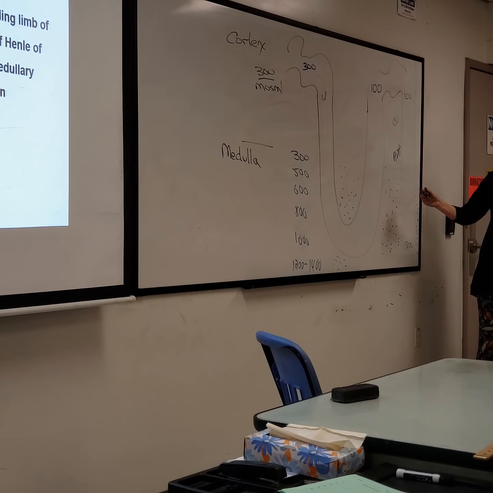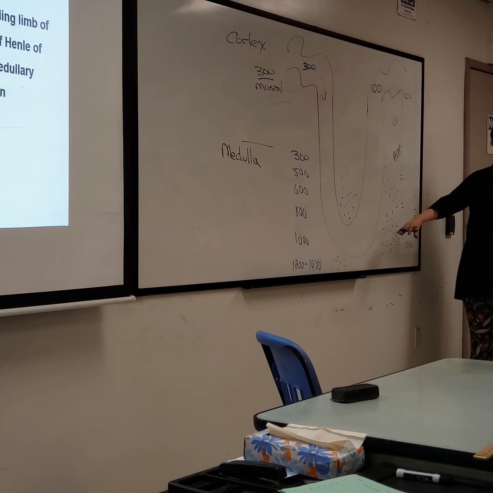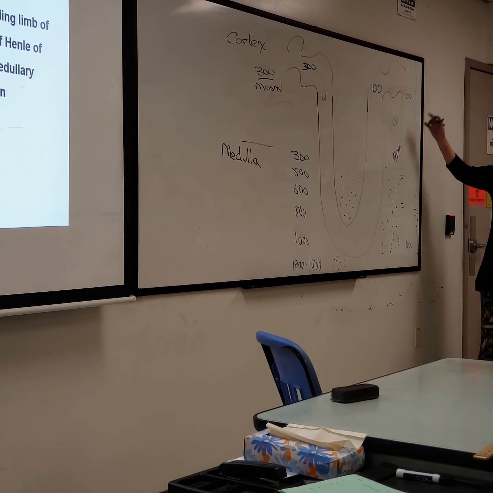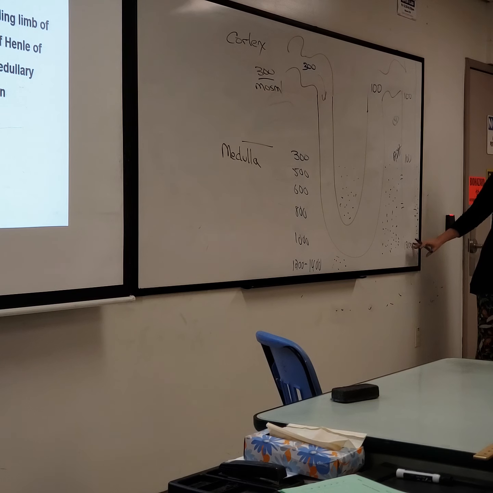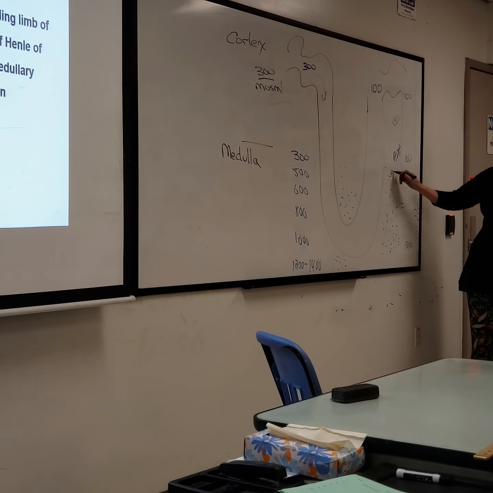Antidiuretic hormone causes water channels to be inserted into the simple columnar cells of the collecting duct in the medulla. So as it moves down here, and it's 100, and there's no water channels, it's going to stay 100 all the way down. But if there are water channels here, remember this is 300, and this is 100.